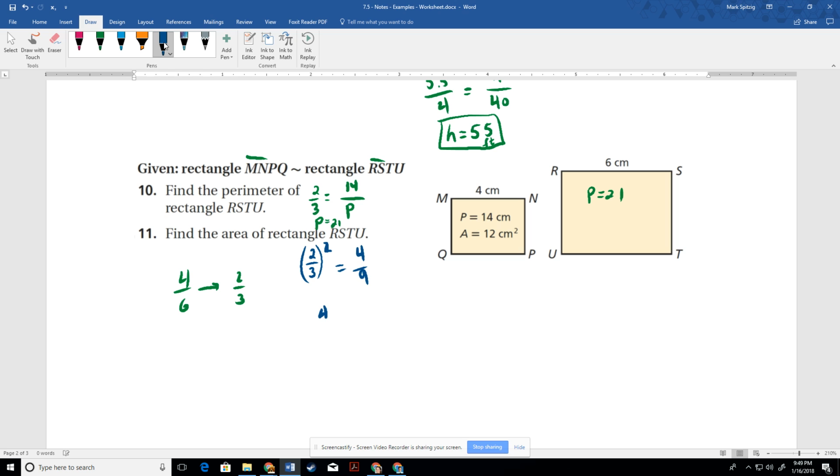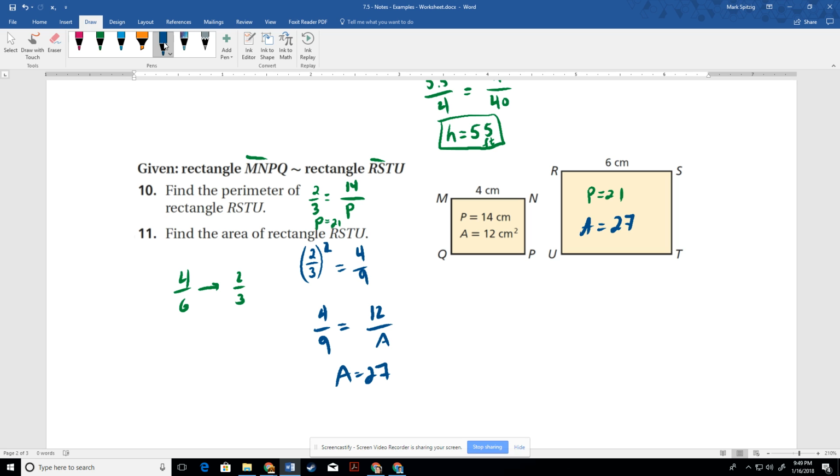Okay, so 4/9 is the proportion I'm going to write, and that's going to equal the area of the small one in this case, which is 12, over the area that I don't know, we'll call A. Okay, so we cross multiply 9 times 12, divide that by 4, and we get 27. So the area is going to be 27.